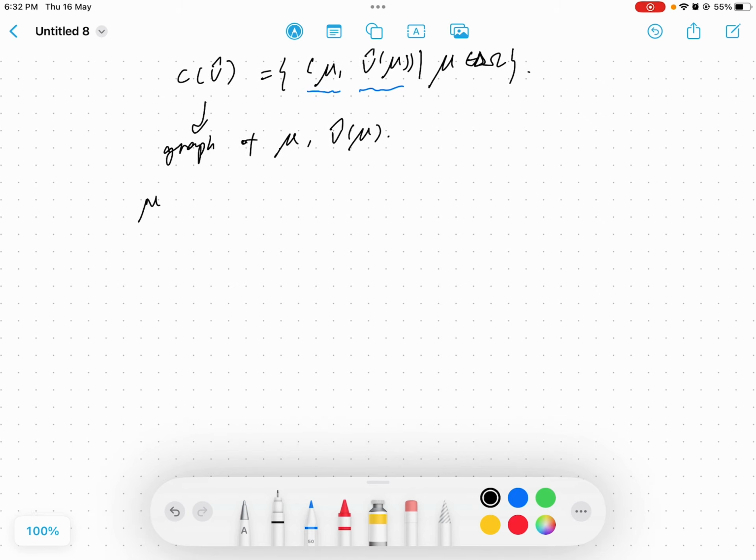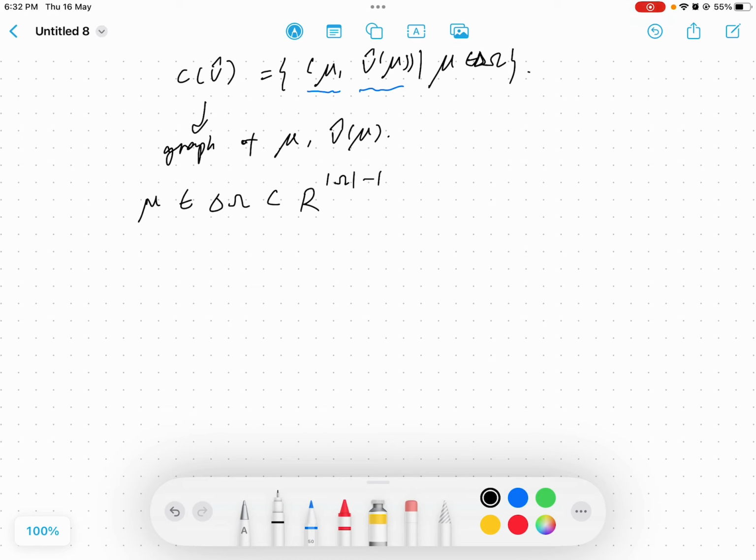So this mu is an element of the delta omega, of course. And so we notice that this delta omega is a subset of reals with a dimension of the cardinality of omega minus 1.